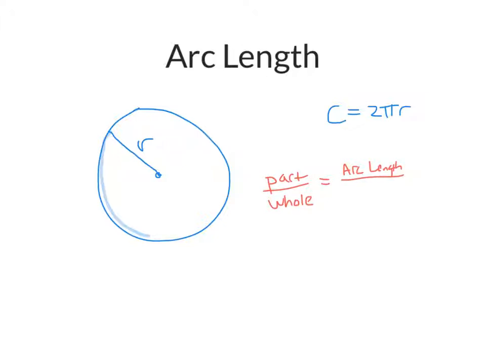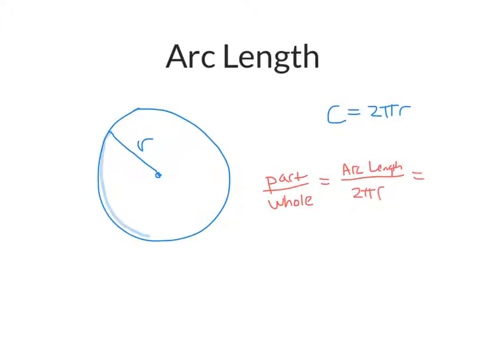Well, it's a part of the entire circumference, right? Didn't I just say that? Here's the arc. It's a piece of the whole circumference. So down here, the whole is the circumference. But I'm not going to write circumference. I'm going to write 2 pi r.